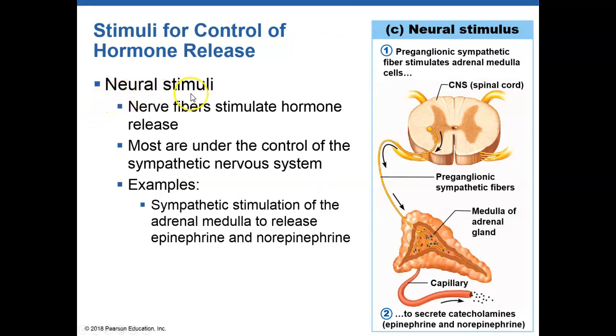Then we have neural stimulation. So the nervous system will send signals, and again, this is from the hypothalamus.